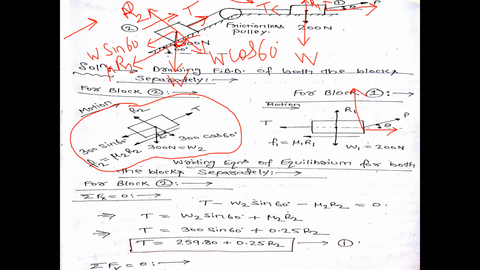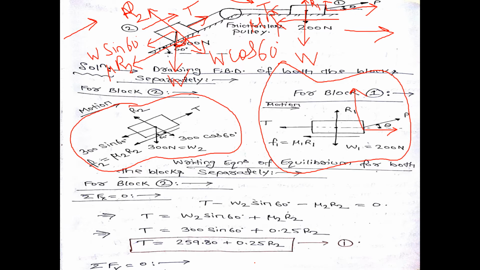Since the block is moving in this direction, at the contacting surfaces there is a frictional force, mu times R1, in negative x direction. So this is your final FBD of the first block.